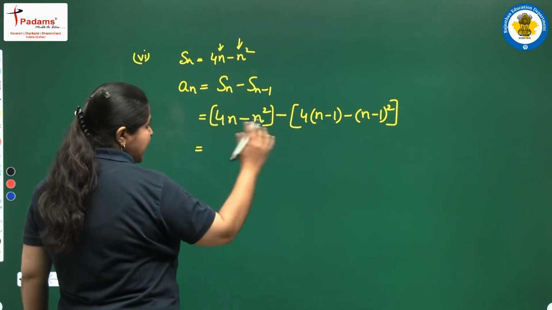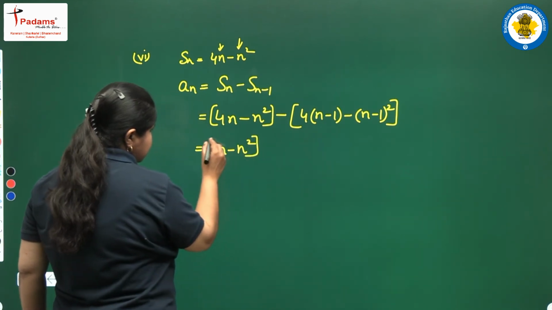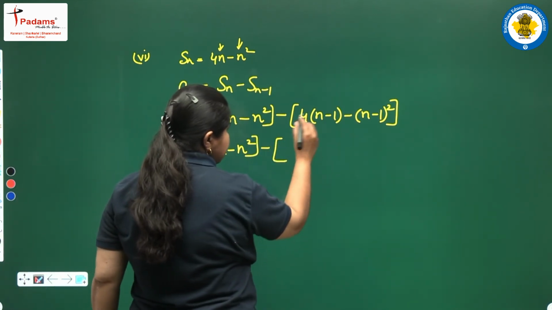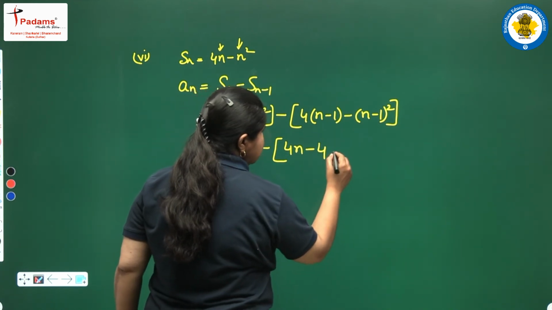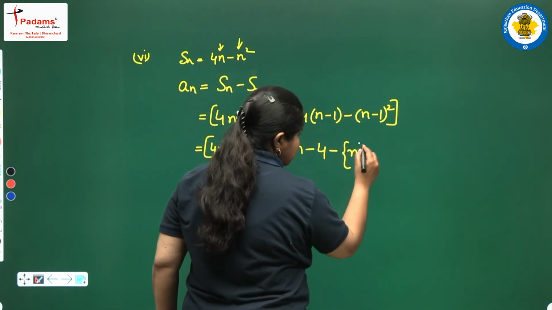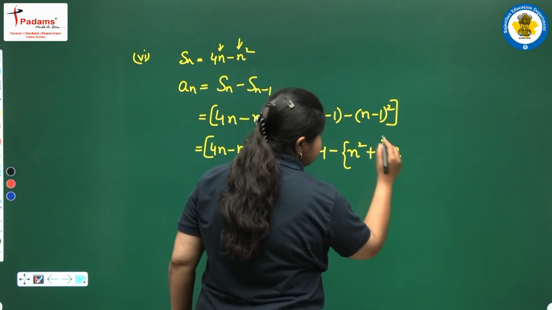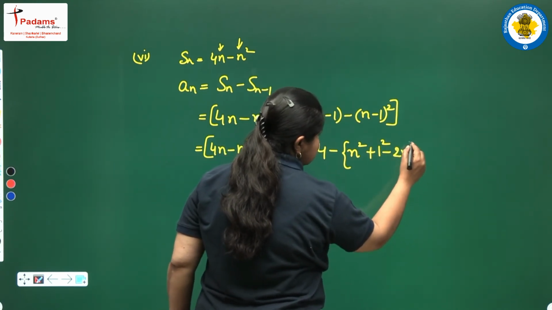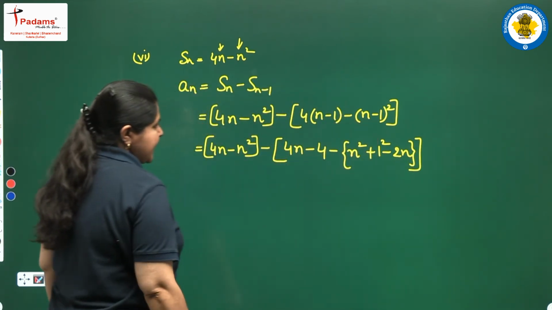अब इसको एक्सपैंड करते हैं. This will be 4n minus n square minus 4 into n, 4n minus 4 into 1 will be minus 4, minus, open up this bracket, first number square plus second number square minus 2 into first into second, so minus 2n. This is the expanded form of this expression.